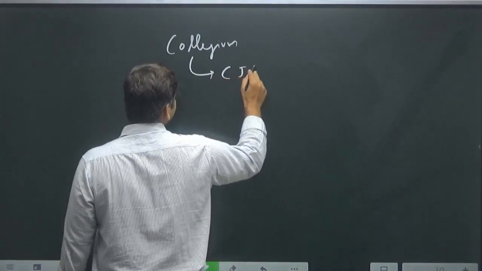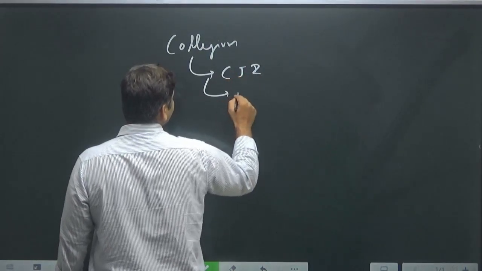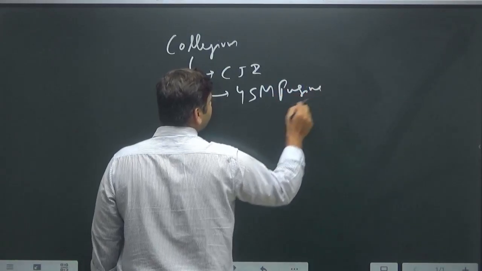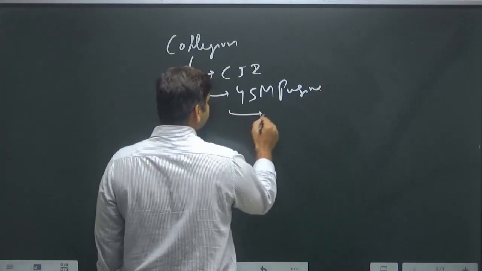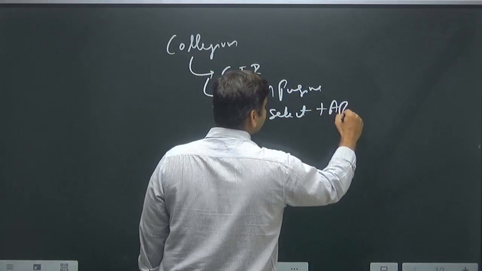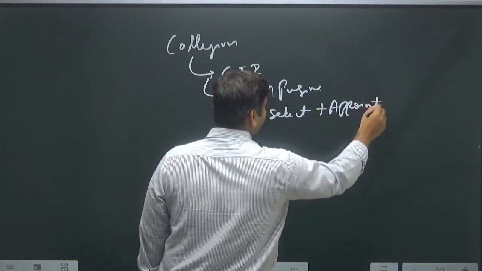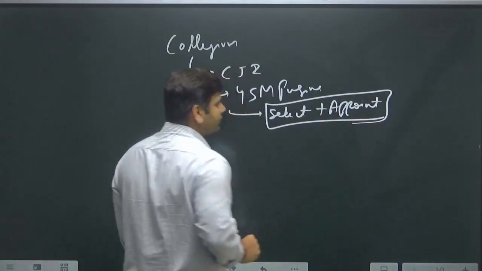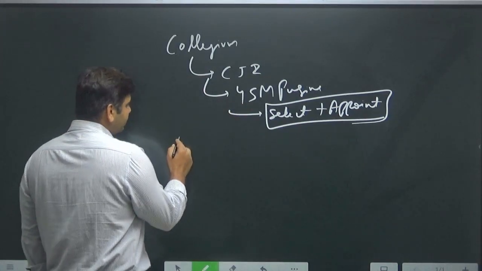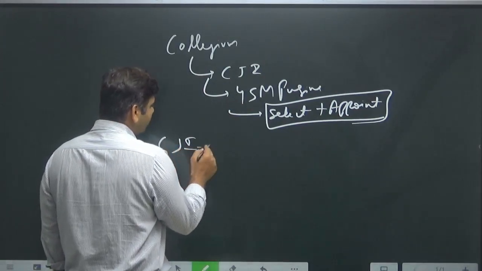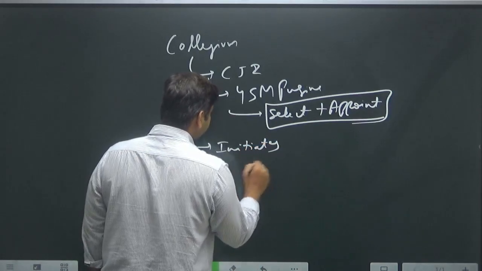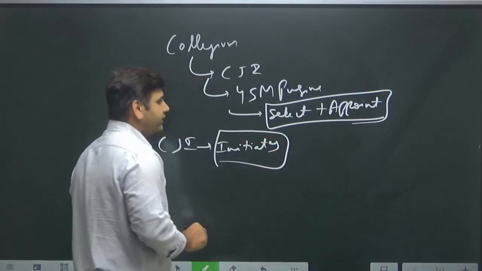Hence, as of now in India, it is the collegium of the Chief Justice of India with 4 senior most puisne judges who select and appoint the judges of the Supreme Court. That simply means if any vacancy is formed, it is the Chief Justice of India who initiates the process of appointment.